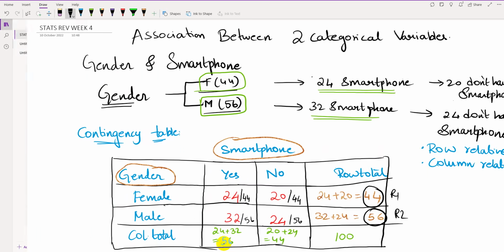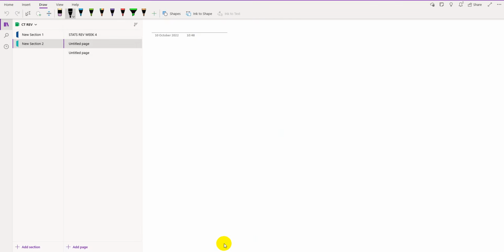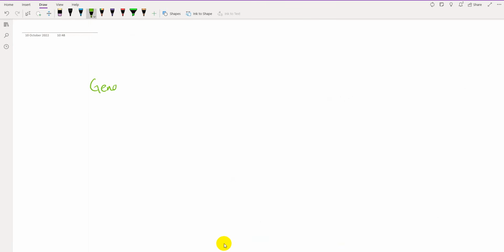So now we will also see similarly how we are going to calculate the column relative frequency. How? Just the same table I will be taking: gender, female, male, smartphone, yes and no. This is total, row total, column total.